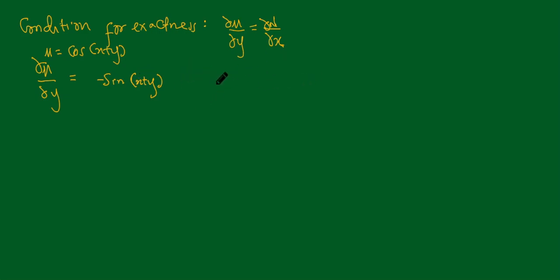And to evaluate the partial derivative of N with respect to x, we have to keep y constant. But before that, let me write what N is. N is equal to 3y² + 2y + cos x + y.